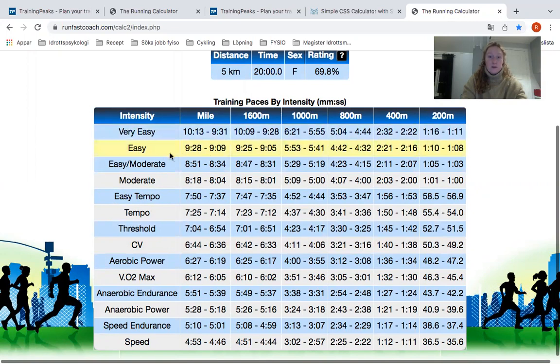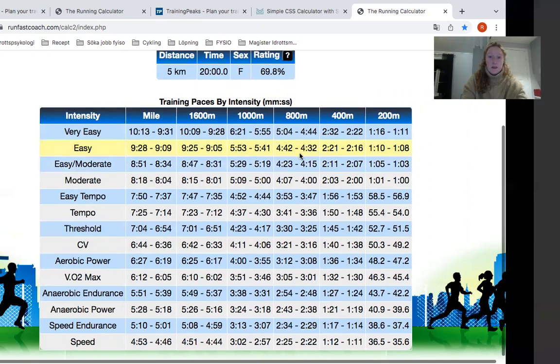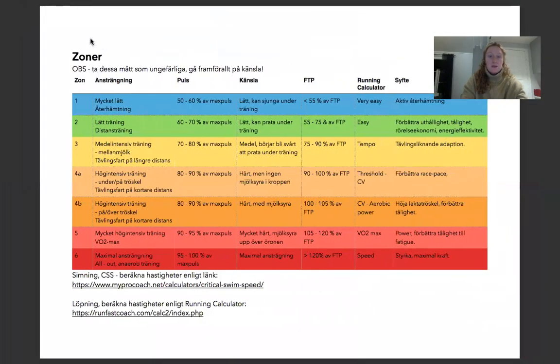So for example, if you go easy, I want you to be between these numbers per K. And if we then go back to the zones, you can have a look at the running calculator. If you have zone 2, you should be on easy. Okay, then you know more or less in this area where you should be.